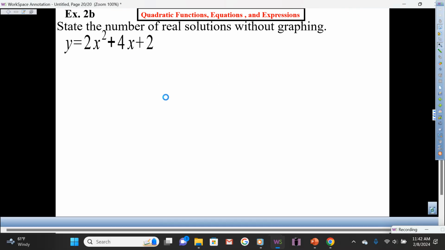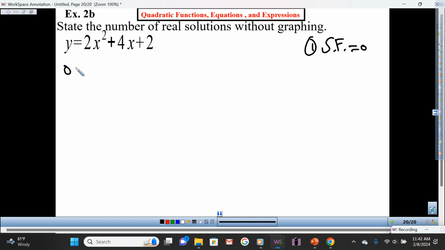So, first things first. Step 1, standard form equal to 0. We set it equal to 0: 2x squared plus 4x plus 2. Is it in standard form from highest to lowest degree? Yes, so step 1 is done.